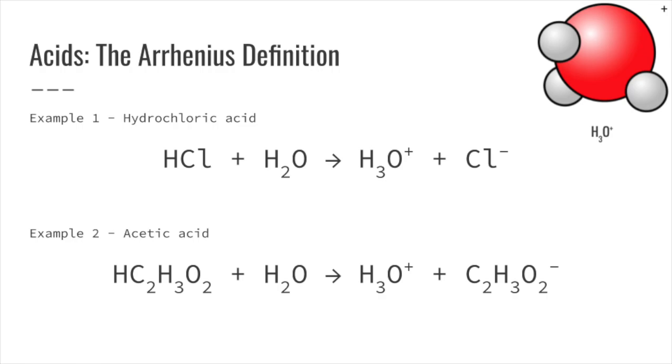Therefore, we have HC2H3O2, acetic acid, reacting with H2O, water, to produce H3O+, hydronium ion, and C2H3O2-, acetate ion. Again, as demonstrated with this equation, acetic acid is an acid because it produces hydronium ions in water.